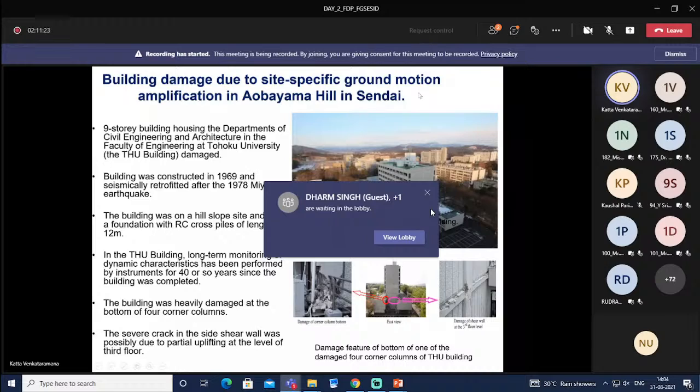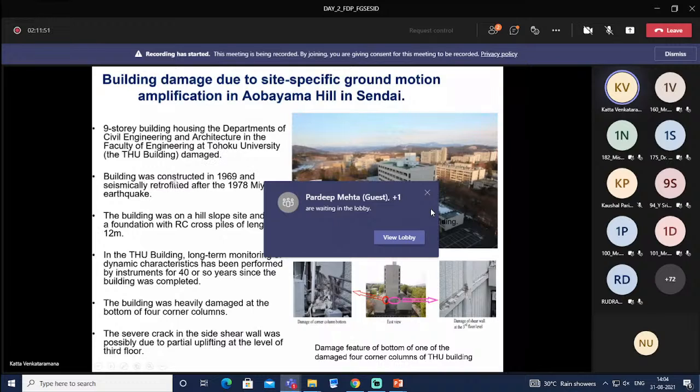Building damage due to site-specific ground motion amplification in Aobayama Hill in Sendai. This is actually the civil engineering department building of Tohoku University, a 9-story building housing the departments of civil engineering and architecture in the Faculty of Engineering.